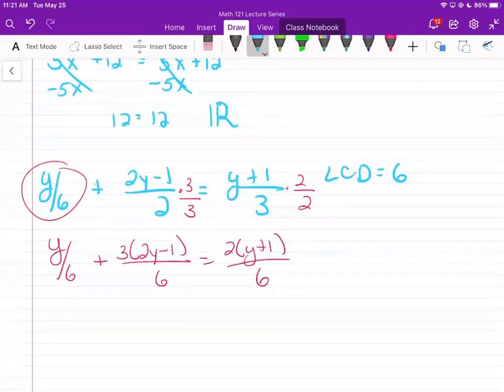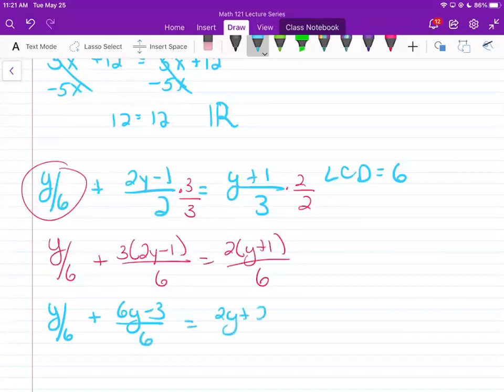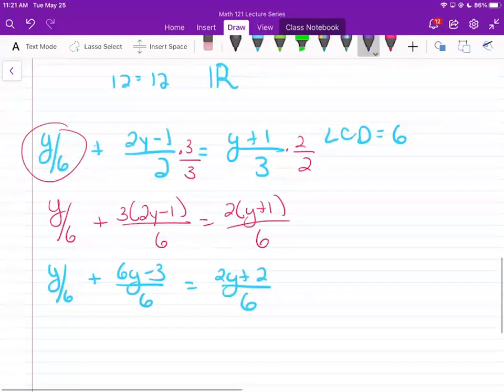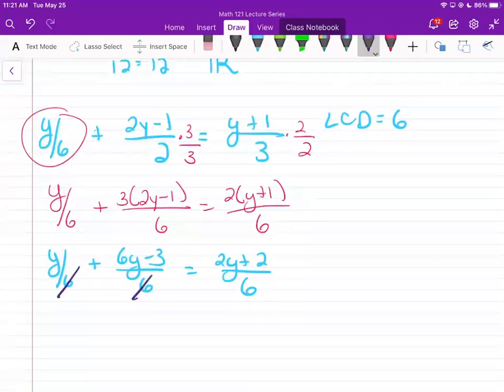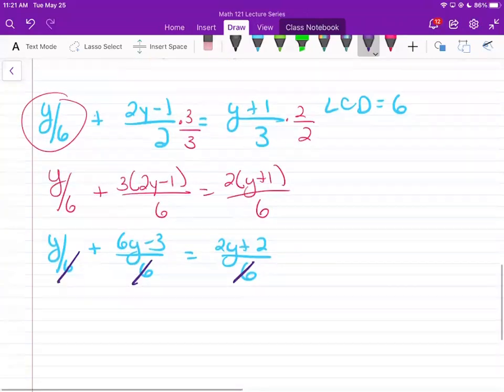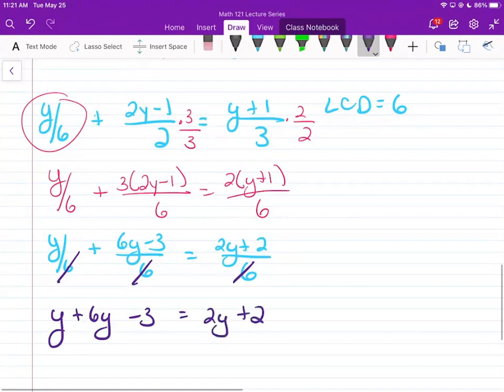Notice now I end up with y over 6 plus 6y minus 3 over 6 equals 2y plus 2 over 6. And because all of the denominators now match, I can just ignore them. This leaves me with y plus 6y minus 3 equals 2y plus 2.